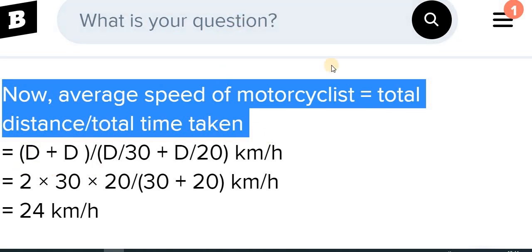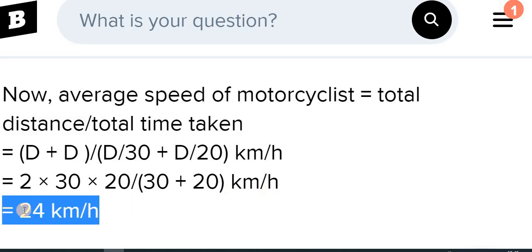From the above equations, keep the values over here: d plus d divided by d divided by 30 plus d divided by 20 kilometers per hour. Here the LCM is taken, so it becomes 2 into 30 into 20 divided by 30 plus 20 kilometers per hour.